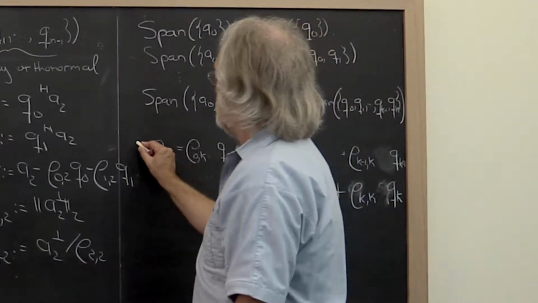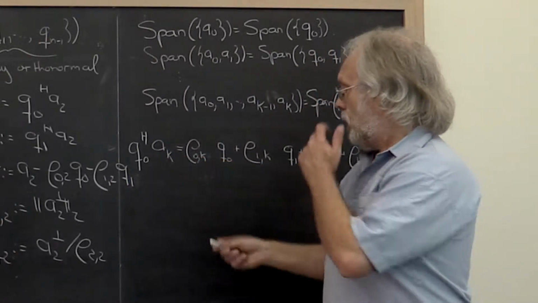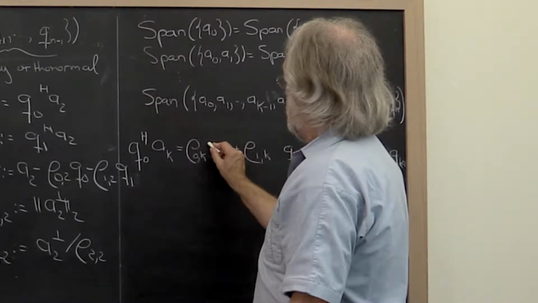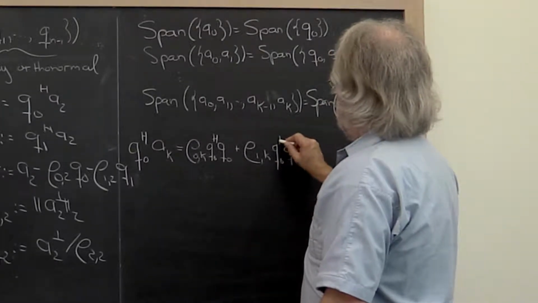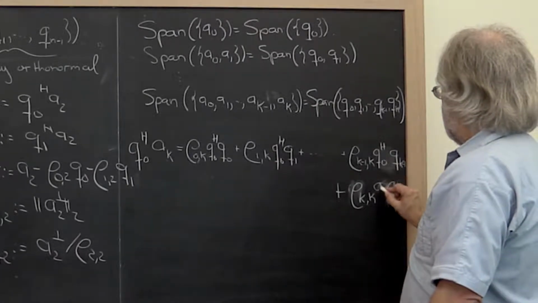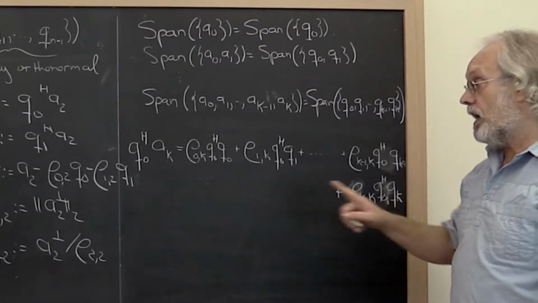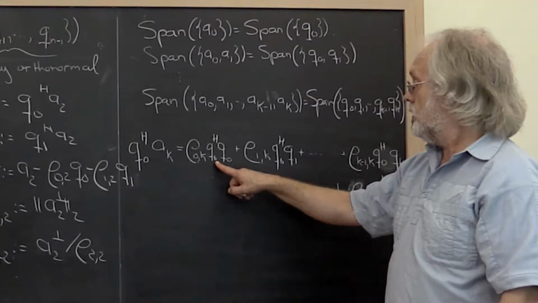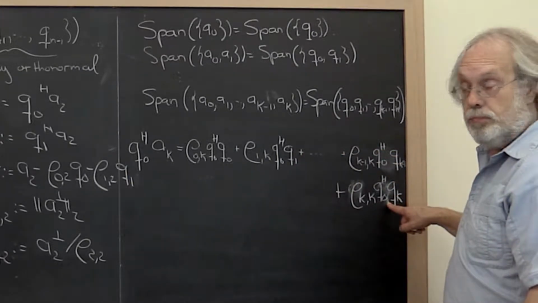If I now take the dot product of q0 with ak, then that's the same as propagating that in and distributing it, and therefore I get q0 Hermitian transpose here, q0 Hermitian transpose here, and q0 Hermitian transpose here. What I find is that this is equal to 1, because these vectors are mutually orthonormal, and all of these other dot products are equal to 0, so they disappear.